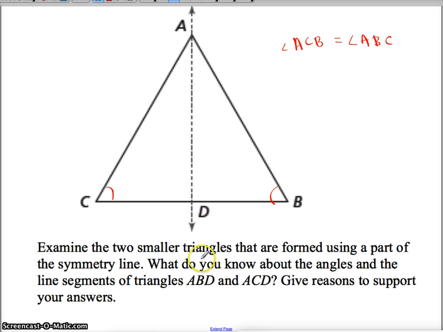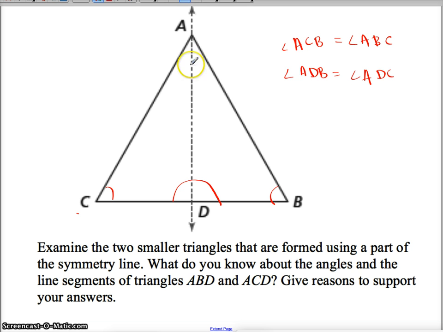I know that those two are the same. I know that this was a 180-degree angle and it got cut in half. I can say that angle ADB is equal to angle ADC. And vice versa, the ones up top are also the same.